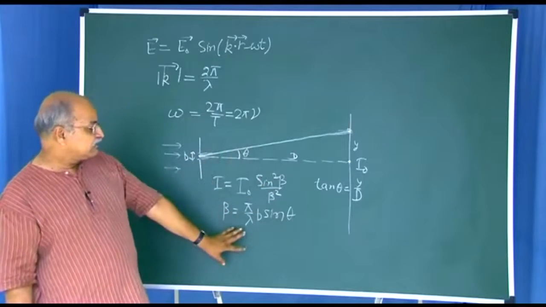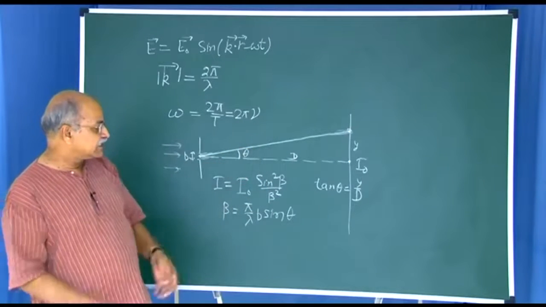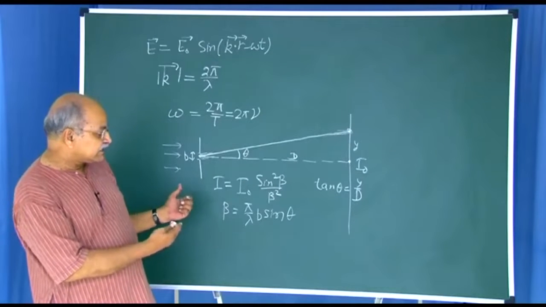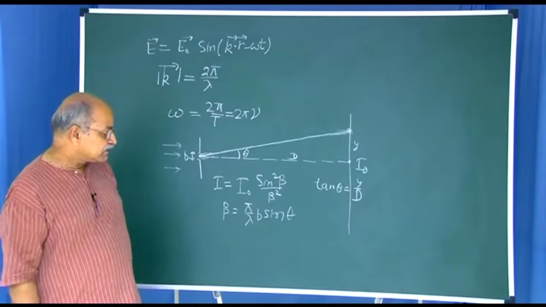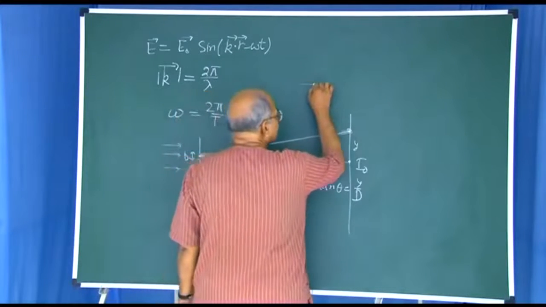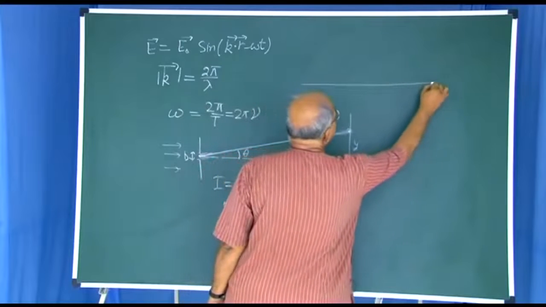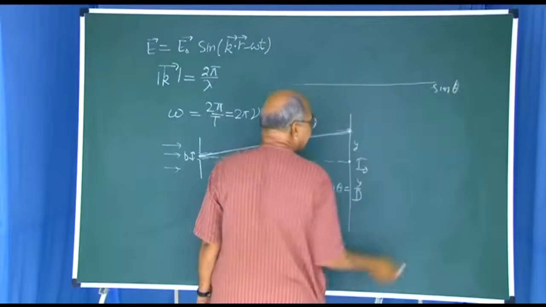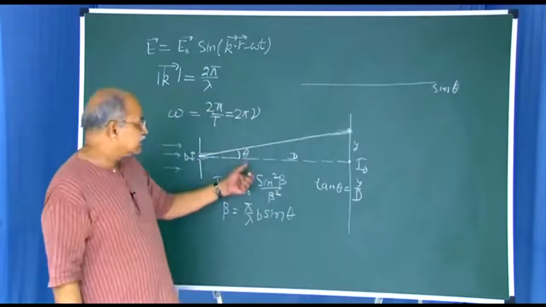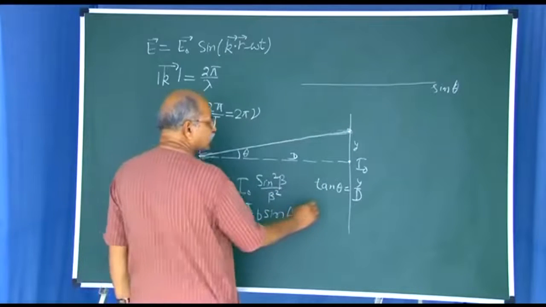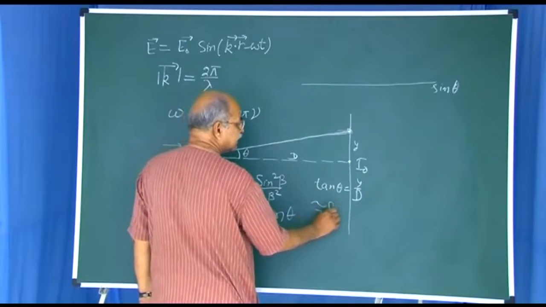With that you can calculate the intensity in terms of this I naught. But if I show it graphically how the intensity varies, that graph turns out to be something like this. Now I am drawing the graph, and this side is sine of theta, and if theta is small, if this y is small, this tan theta is also almost the same as sine theta.